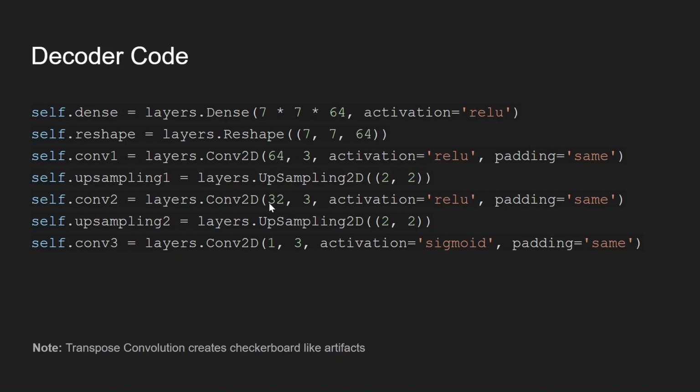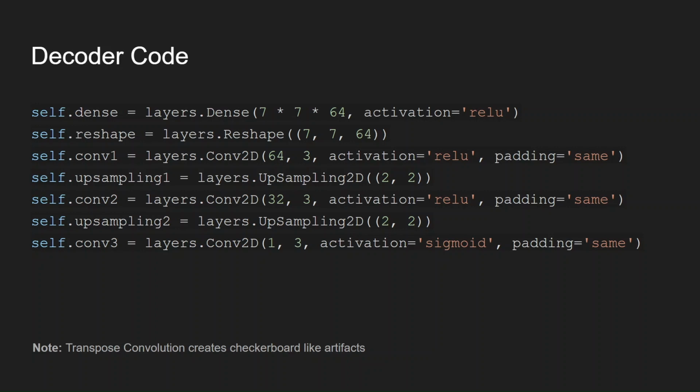So the output from this convolutional layer will be 14 by 14 by 32, and finally we pass it to another upsampling 2D, so the output will be 28 by 28 by 32. And when I pass this 28 by 28 by 32 through the last convolutional layer, the output will be 28 by 28 by 1. This means the input to our encoder was 28 by 28 by 1, and the output from this decoder is 28 by 28 by 1.